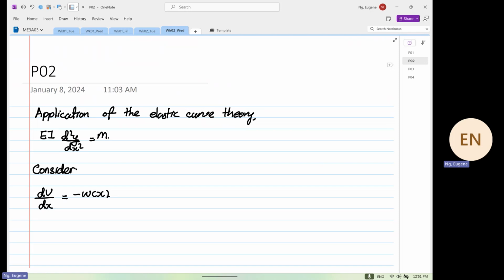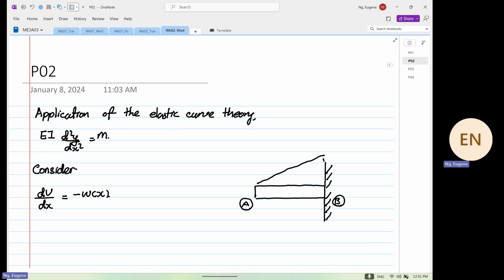We consider a structure that is free at point A, and at point B it is built in, and then you have a distributed load over here.